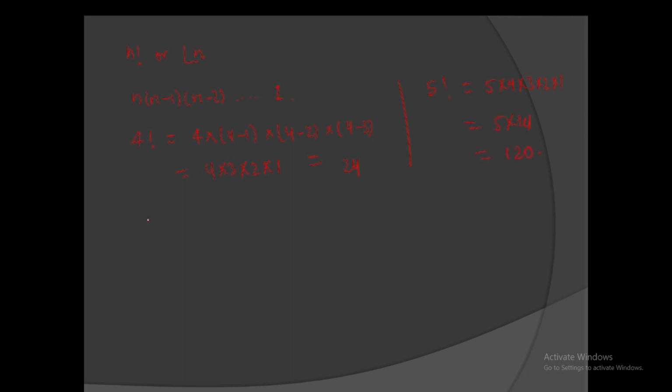One more property to remember is n into n minus 1 factorial is n factorial. You can see over here that 5 factorial is 5 into 4 into 3 into 2 into 1. This part is 4 factorial, right? So it can be considered as 5 into 4 factorial, right?